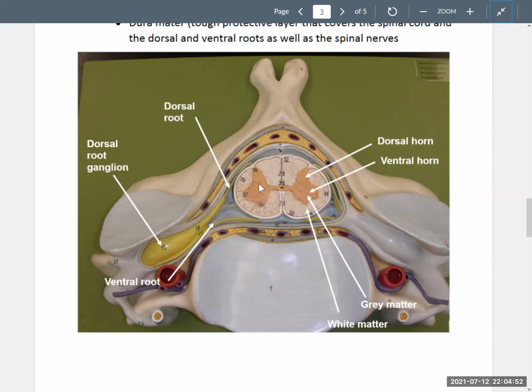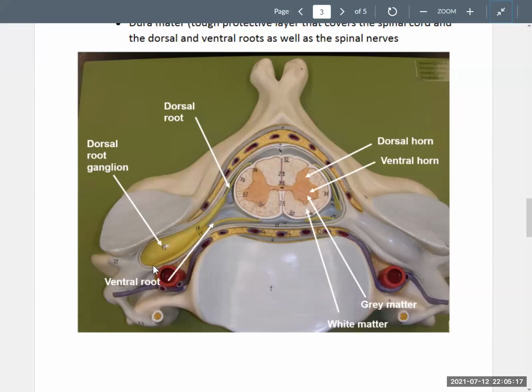Okay. When you do activate muscles, whether they're skeletal or smooth muscles, the information can come from anywhere in the spinal cord or the brain and exit here at the ventral root. And it passes out. This is the ventral root right here.